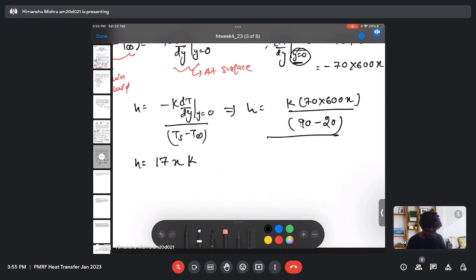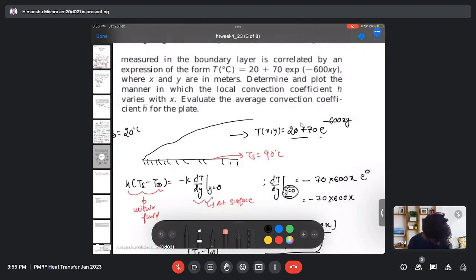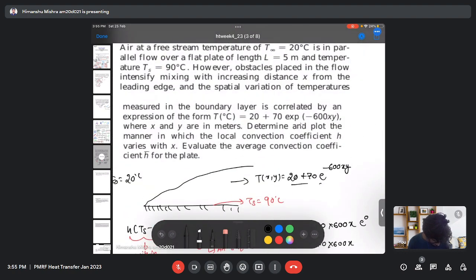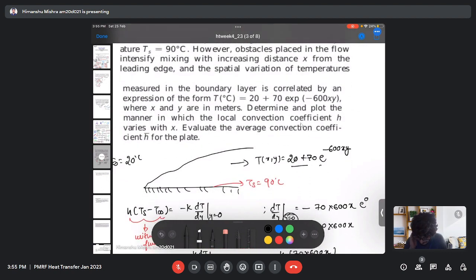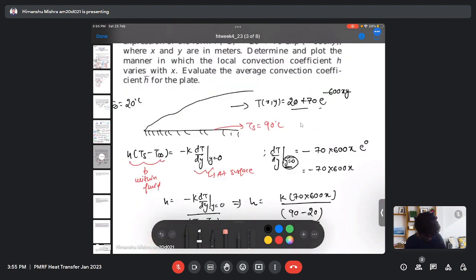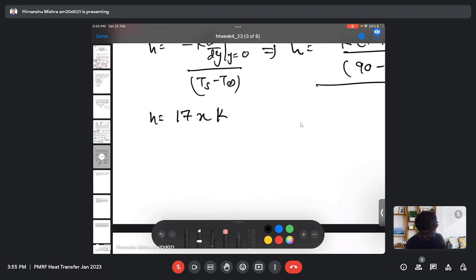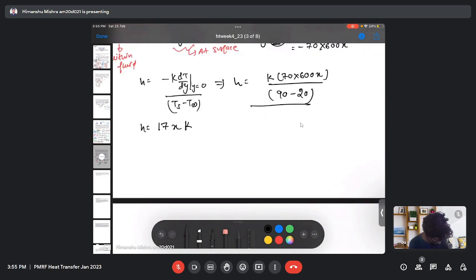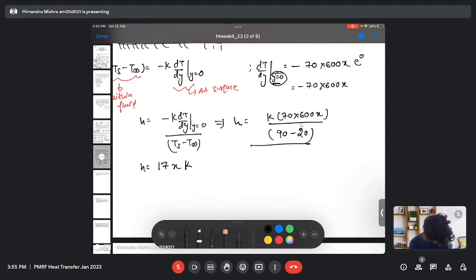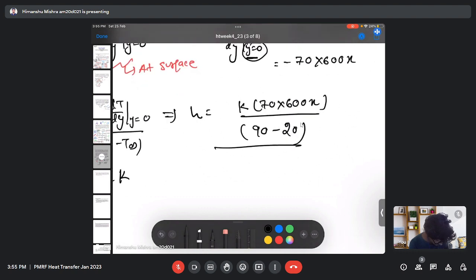So this will be my heat transfer coefficient. So now I need to find the average heat transfer coefficient. No, sir, this h will be 600 xk, I think. Is it? Yes.